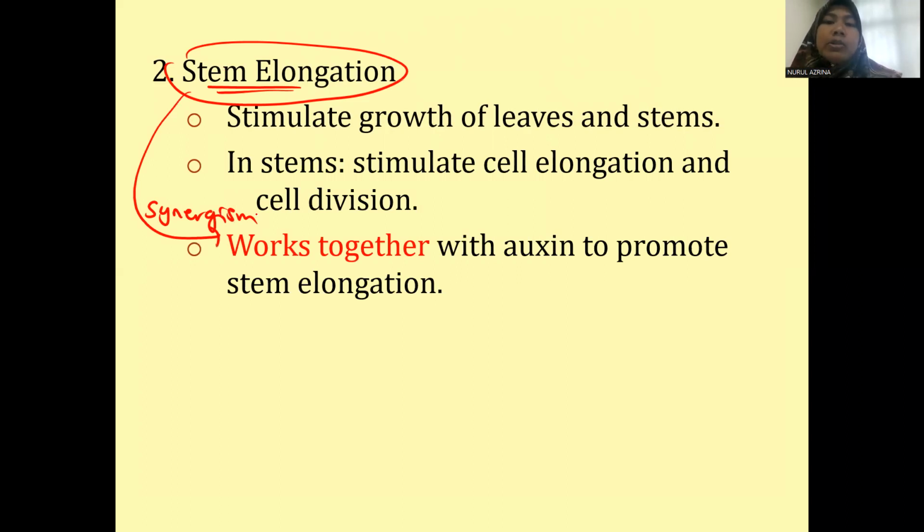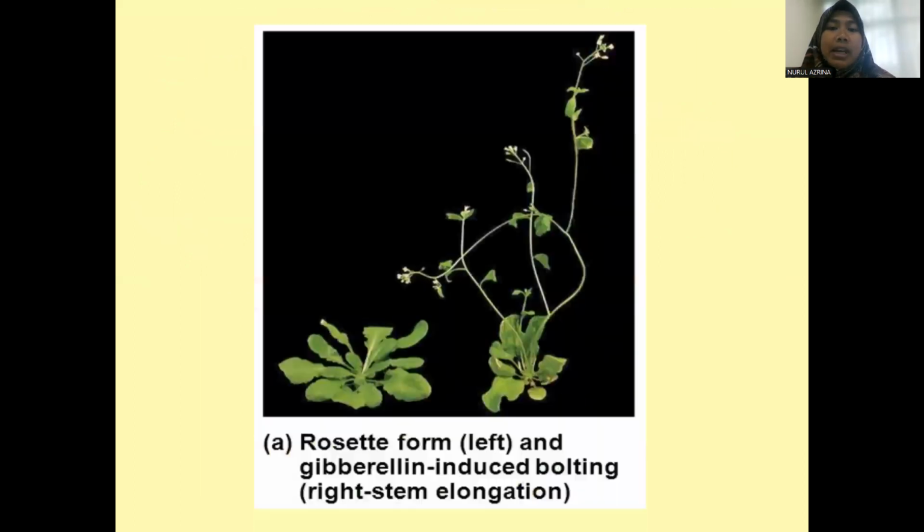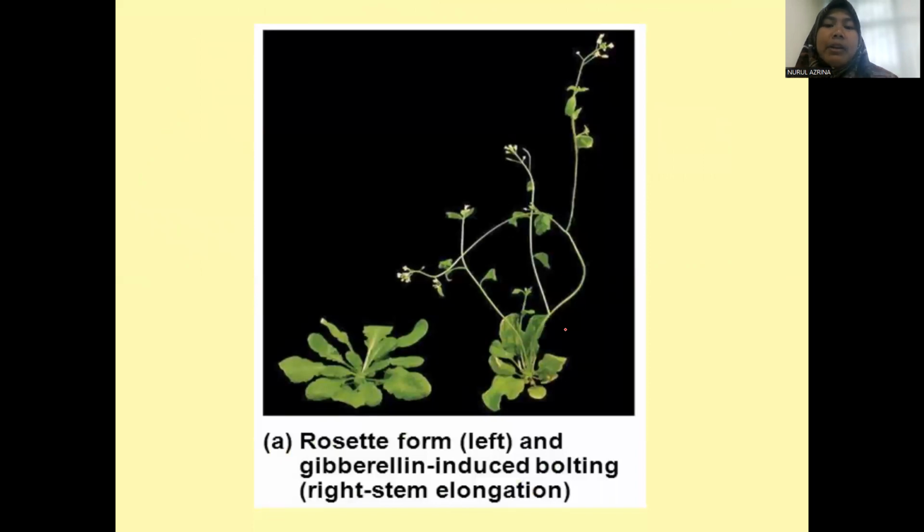So it stimulates growth of the stem and also the leaf. For the stem, it stimulates cell elongation and cell division, and it works together with auxin to promote stem elongation. From this picture, the right one is applied with gibberellin, and you can see it induced the stem to elongate compared to the left one.